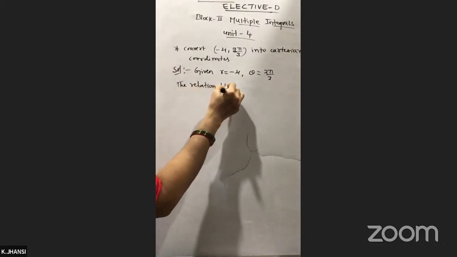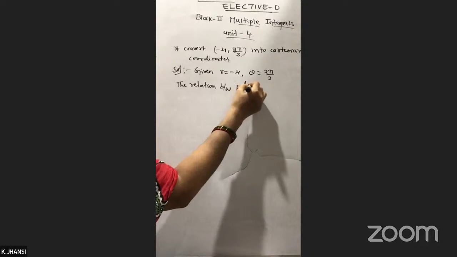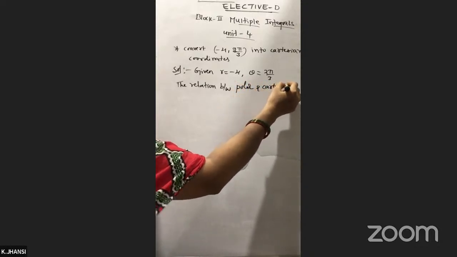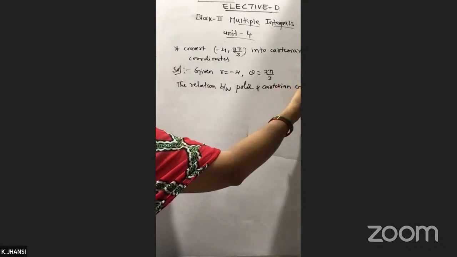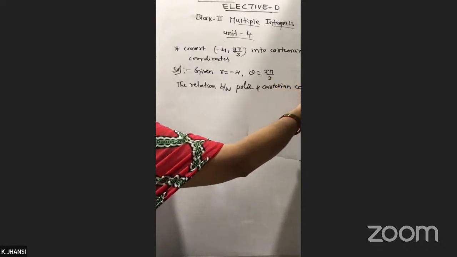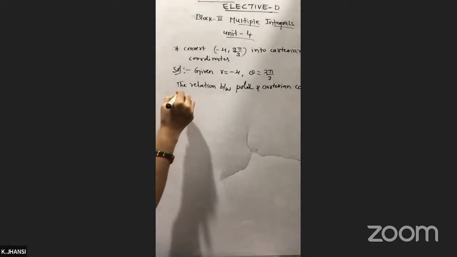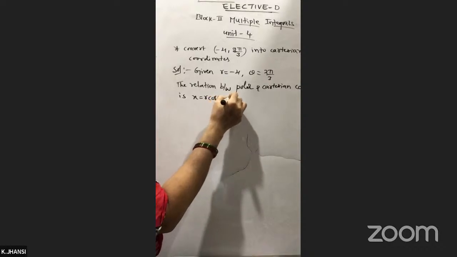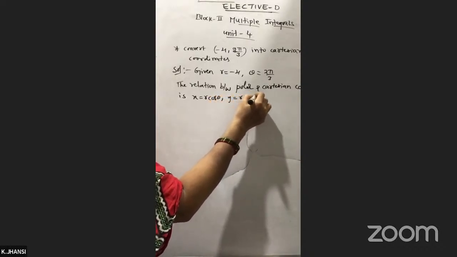The relation between polar and Cartesian coordinates is x equals r cos theta, y equals r sin theta.